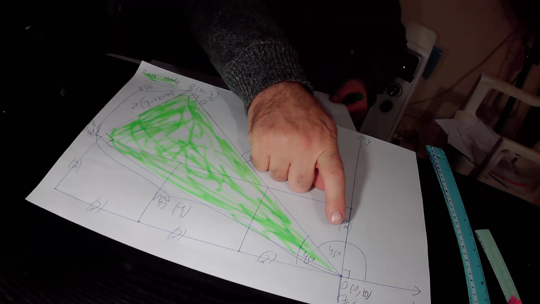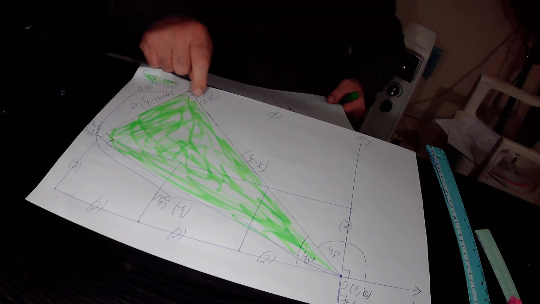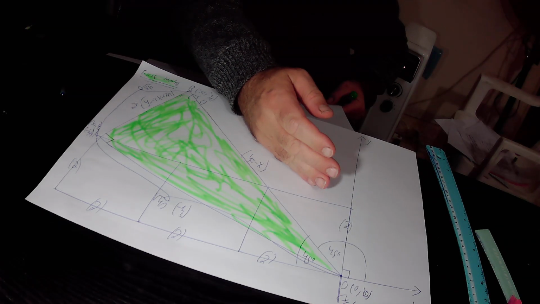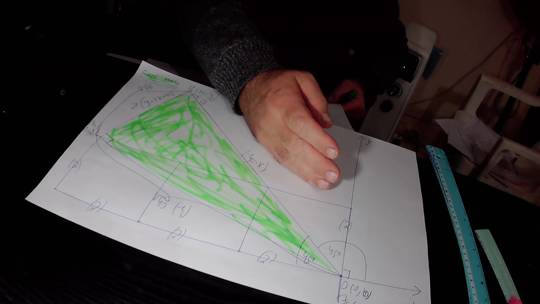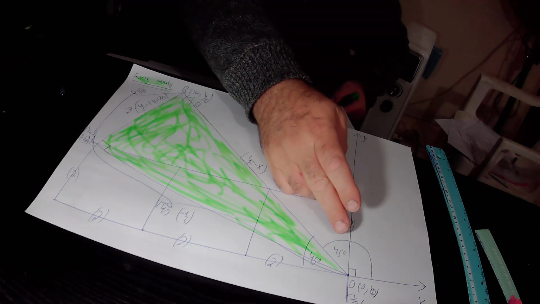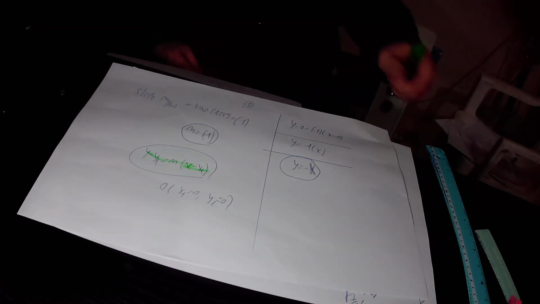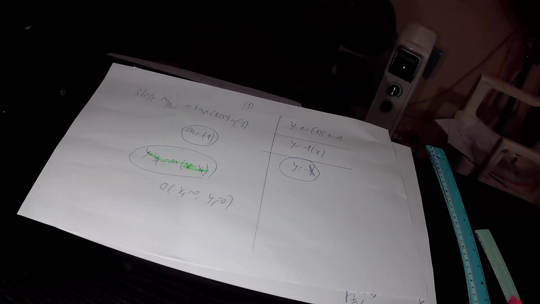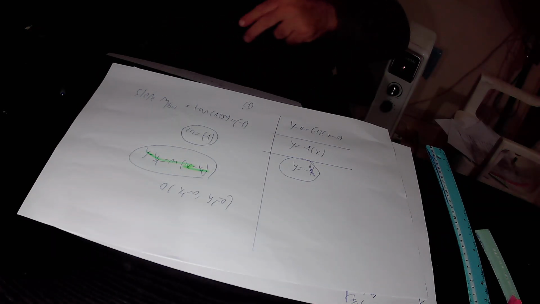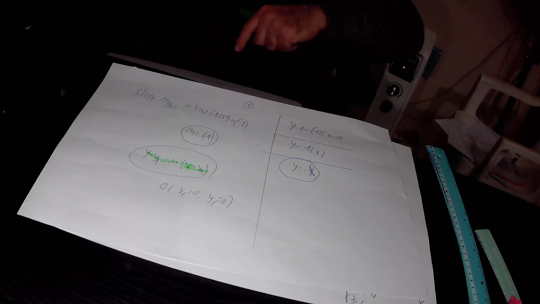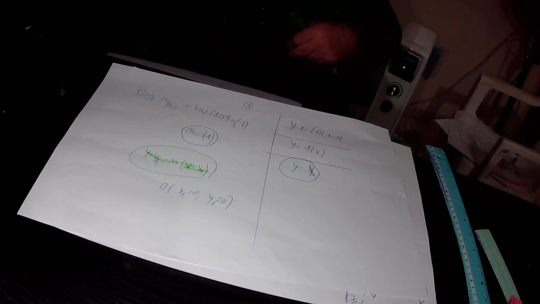So here point O is located on the straight line BO, and therefore x1 is 0 and y1 is also 0, and m equals -1.